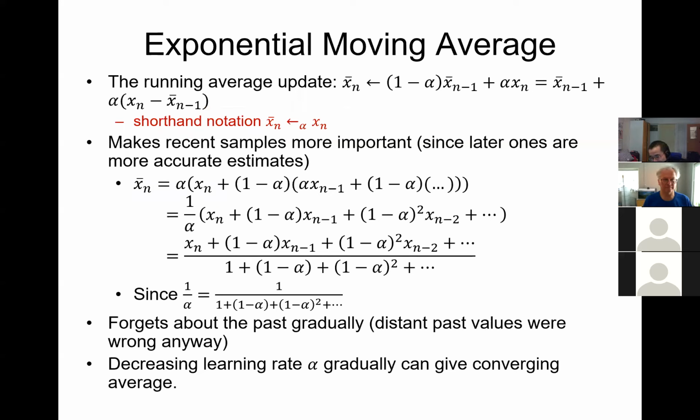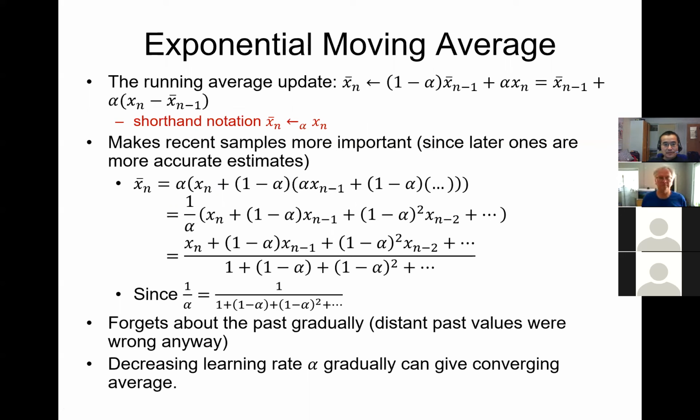Let's first introduce the concept of exponential moving average. For a running average update, say you have a stream of incoming measurements of a variable x, and you need to update the average not by recomputing it every time, but by keeping a running average.